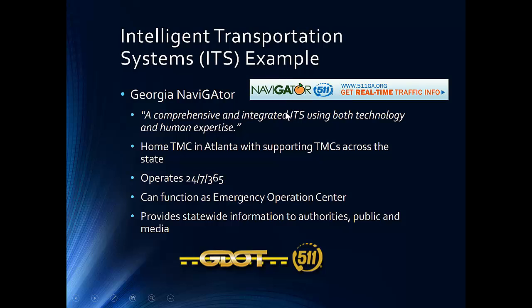The example they're providing here is the Georgia Navigator system. This is the transportation management center for the Atlanta region, where they're monitoring roadways, managing incidents, interacting with emergency agencies, and pushing out information to the public and authorities so that people can make as informed decisions as possible in terms of their travel.